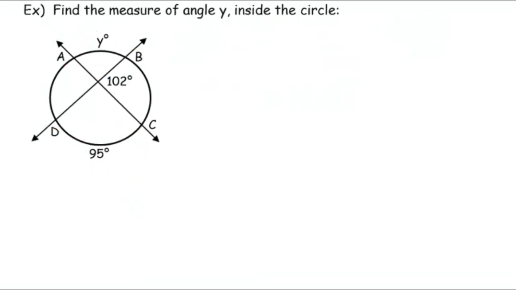We're going to find the measure of y inside the circle. Okay, we want the measure of, not angle, sorry, cross that out, not angle, arc. We want the measure of arc y. So we want to figure out what is the degree measure of this arc right here.